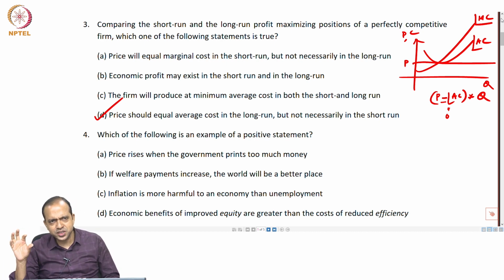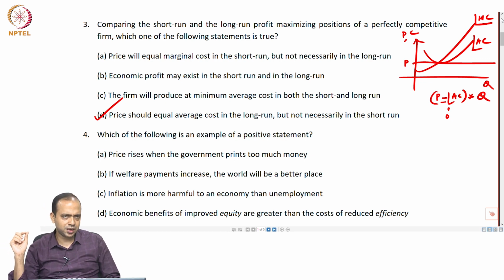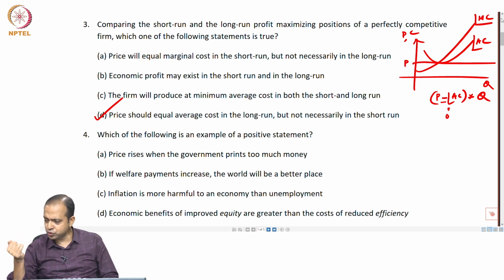Positive economics just explains the world, what happens, and normative economics comes with some kind of policy prescription. So, if a statement is given and you are asked whether it is positive or normative, how do you differentiate these two?